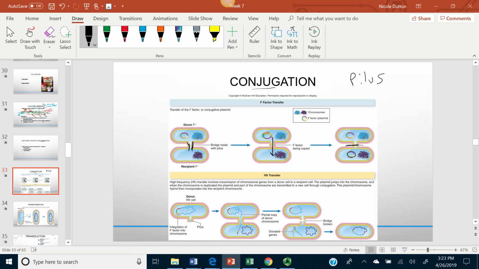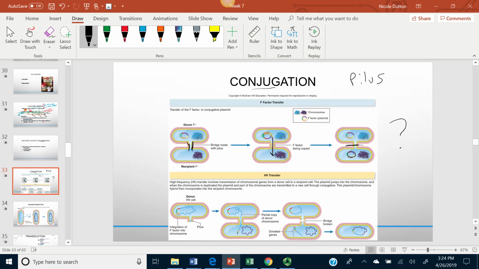So why would bacteria do this? Well, safety in numbers. If I'm a bacterial cell and I know that I'm resistant to an antibiotic, what I'm going to do is I'm going to make a copy of my resistance gene and I'm going to hand it out to all my friends. It's kind of like that scenario, you don't have to outrun a bear, you just have to outrun your friends.